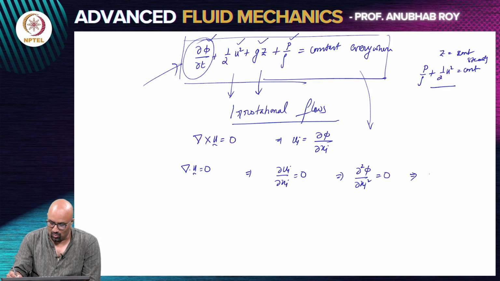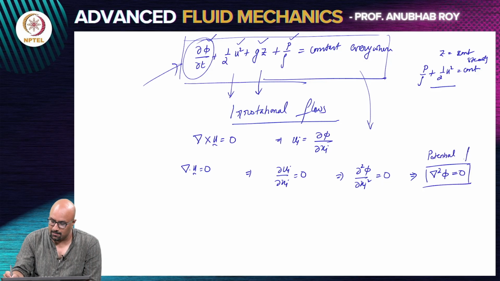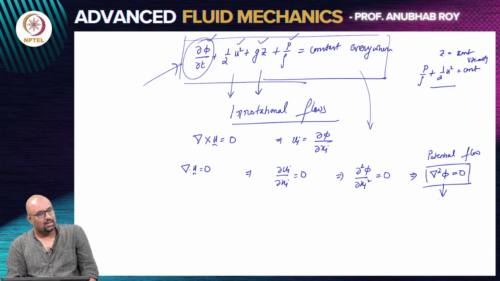So, what you obtain is that for irrotational flows that are also incompressible, which is known as potential flows, you have to solve for a velocity potential that satisfies Laplace equation.